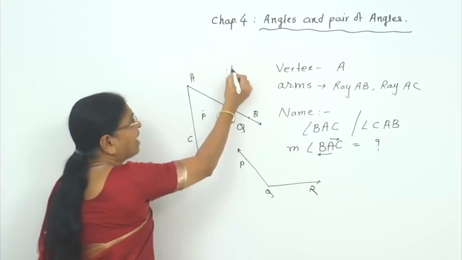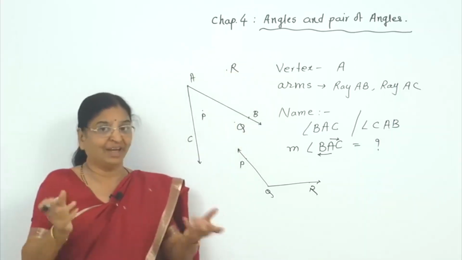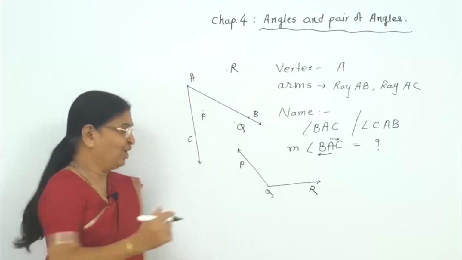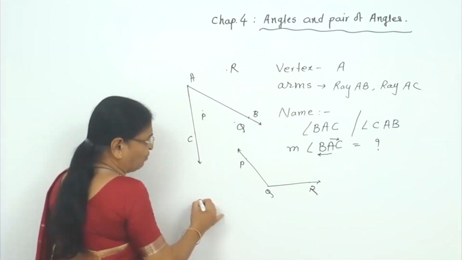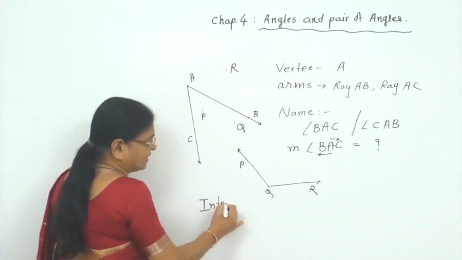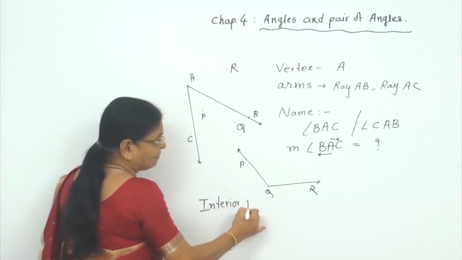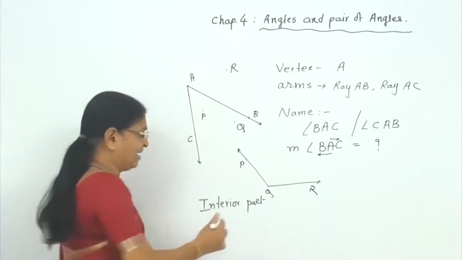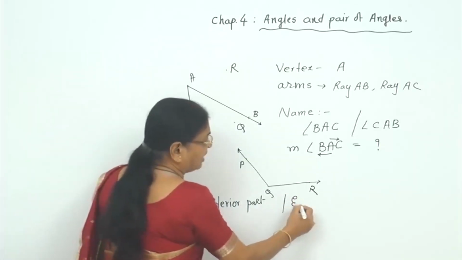If I say R is a point here, then of course you can say R is in the exterior. So 2 things we want to remember, that is the interior of the angle and the exterior of the angle.